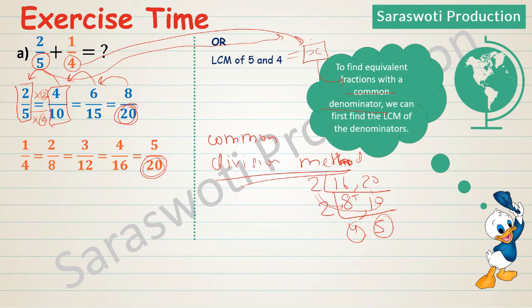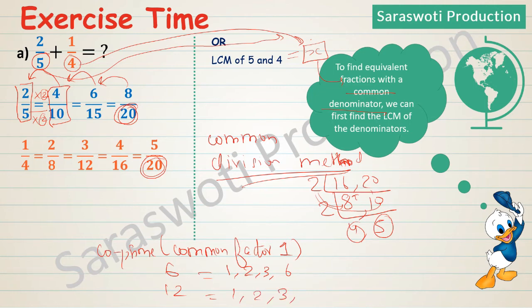Now what are co-prime numbers, my friend? Co-prime numbers are those numbers which have only 1 as a common factor. Let's take 2 numbers, let's say 6 and 12. 6 has factors 1, 2, 3 and 6, and 12 has factors 1, 2, 3, 4 and 6, and 12 as well.